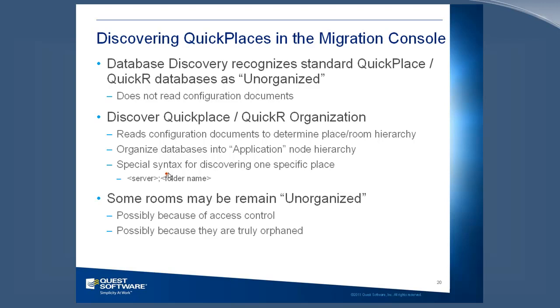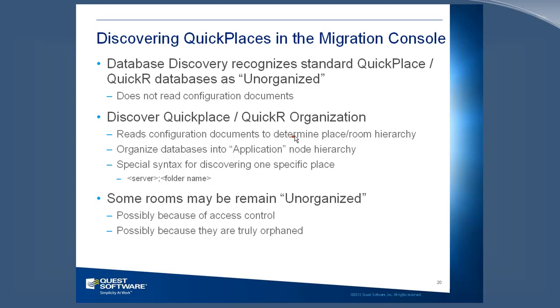We do have a special syntax if you want to discover just one specific place, because sometimes people don't want to discover the entire server. It might take too long if you're in a large environment. So they might just do one at a time and discover one QuickPlace. And so the syntax for that is to put a semicolon in there with a folder name. And I'll show you that in the demo.